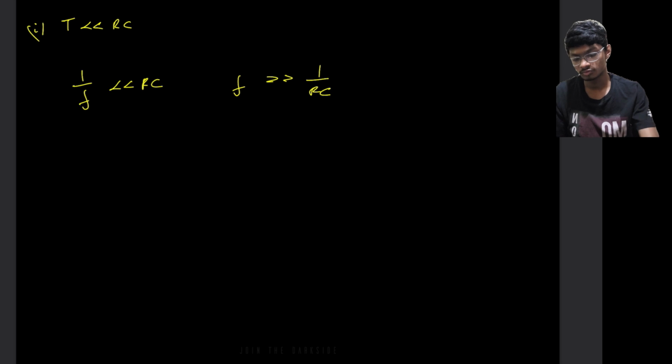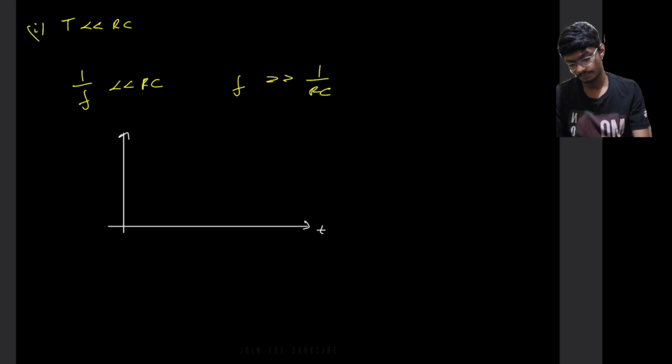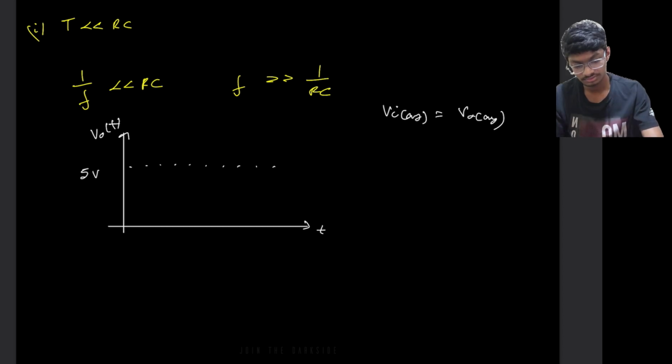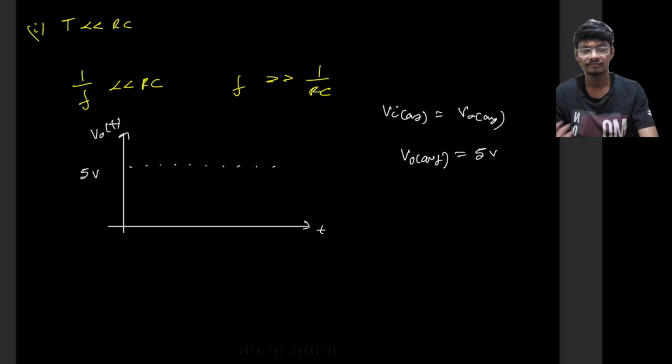So what should the output waveform look like? This is the DC value, the 5 volts value, because the input DC will get passed to the output totally. So here V naught average equals 5 volts, as the average input voltage is 5 volts, as we calculated earlier.